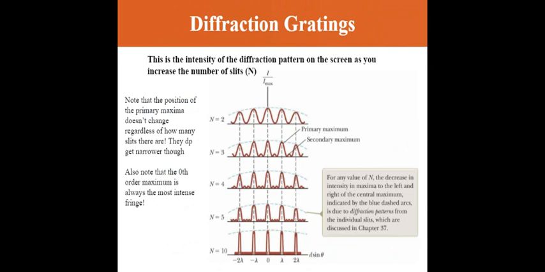It's most intense light right in the center. And also, as you add more slits, you increase the number of secondary maxima between each bright fringe, and the secondary maxima actually get shorter and shorter.